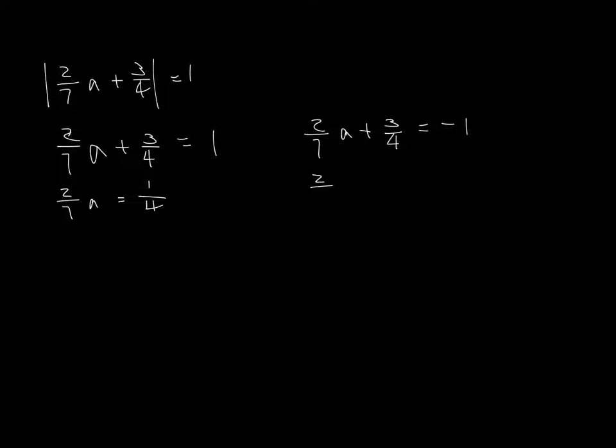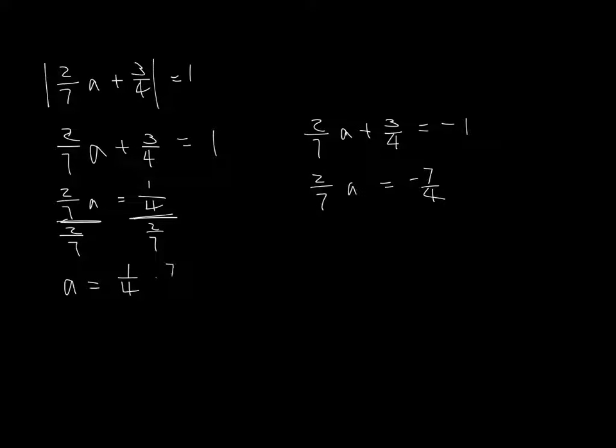And you're going to subtract 3/4. So -1 minus 3/4 will be -1 and 3/4, or -7/4. Okay, we're going to divide by 2/7, which means we've got a equals, and then we've got invert and multiply.